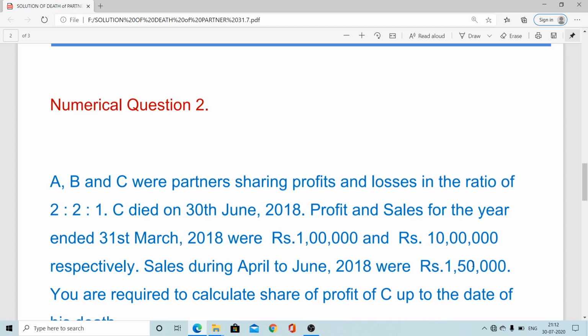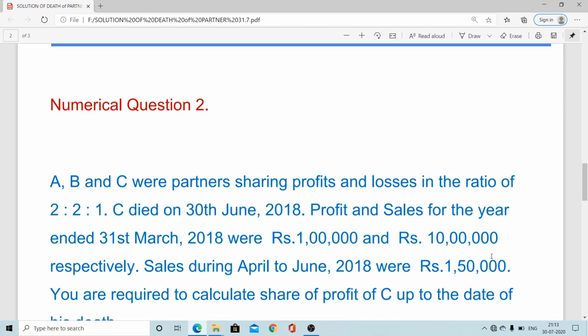The same percentage we can apply to the 1 lakh 50,000, so 10% of that. The firm's profit arises as 15,000. Now out of the 15,000, that is C's share, 1 by 5. So 15,000 into 1 by 5, 3,000 profit came. The deceased partner's share of profit came.